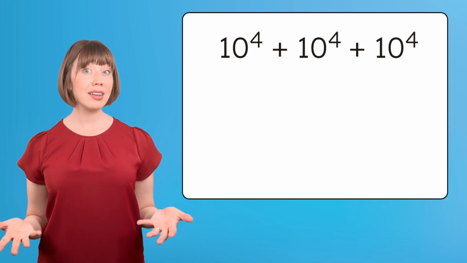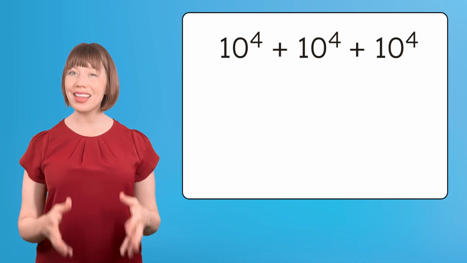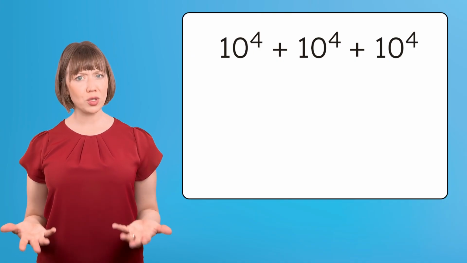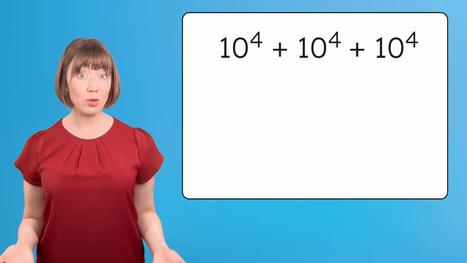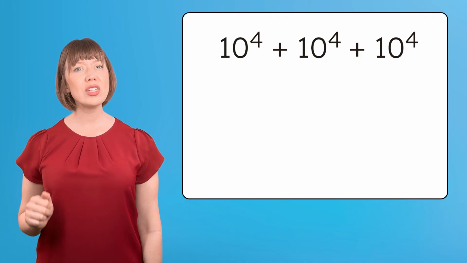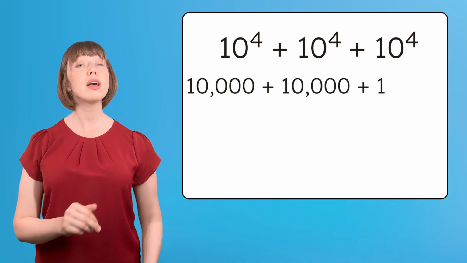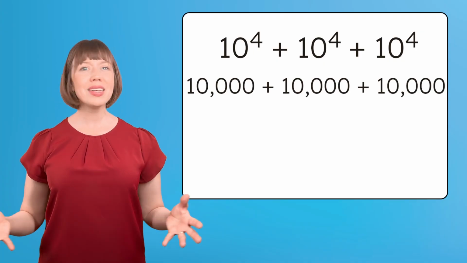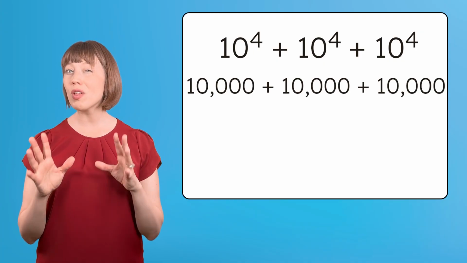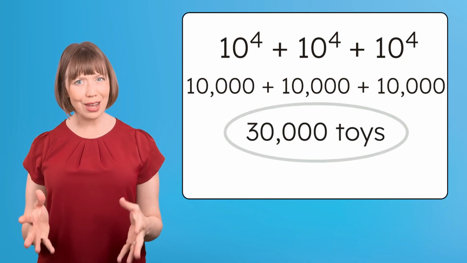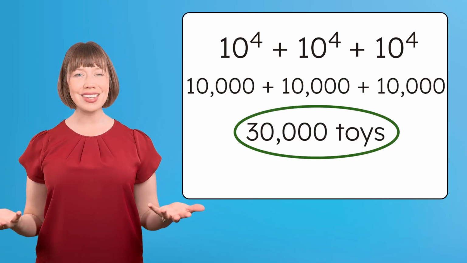The value of 10 to the fourth power is 10,000. If we substitute that into the problem, as we did with our first example, the addition statement is now 10,000 plus 10,000 plus 10,000. Add this up, and we have a total of 30,000 toys over 3 days.